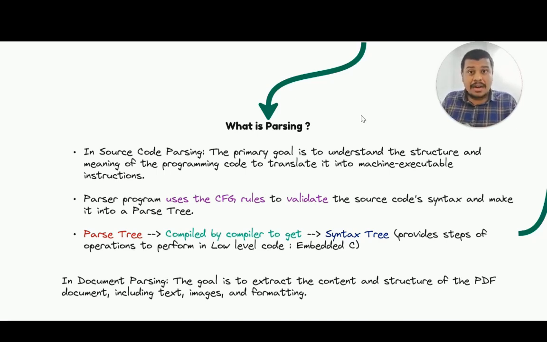Syntax tree is where the compiler has different tasks or the operations that are actually going to happen, or actual operations of what this program is going to do will be made into another syntax tree. And that syntax tree will be directly applied to the low level machine code, like embedded C or something. Fine. So this is the whole process.